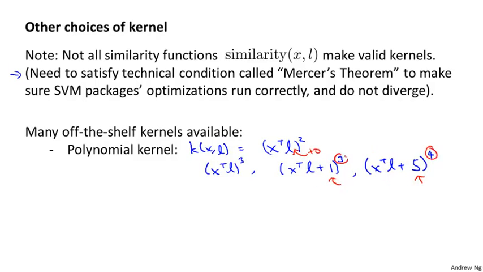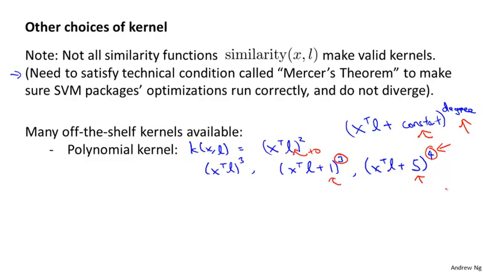As well as what's the degree of the polynomial, the power. So the more general form of the polynomial kernel is x transpose L plus some constant, and then to some degree in the exponent. Both of these are parameters for the polynomial kernel.